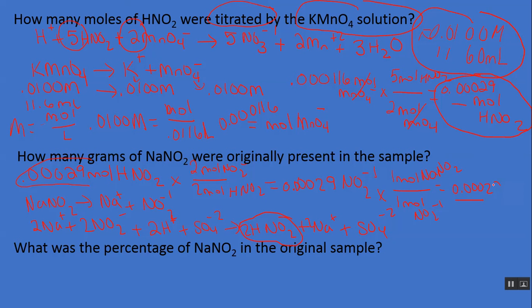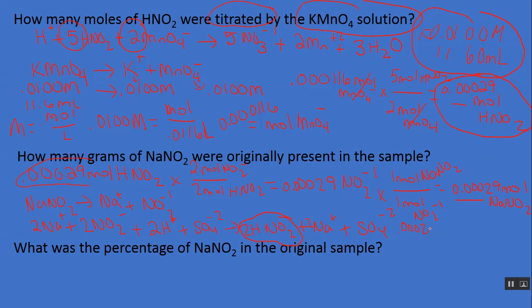So we really just have 0.0029 moles of NaNO2. But that's not what the question asks. The question asks for grams. So let's go ahead and finish this problem.